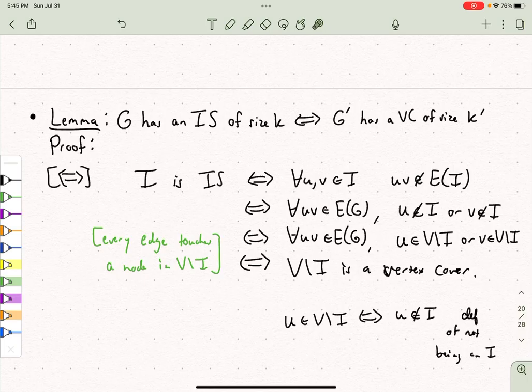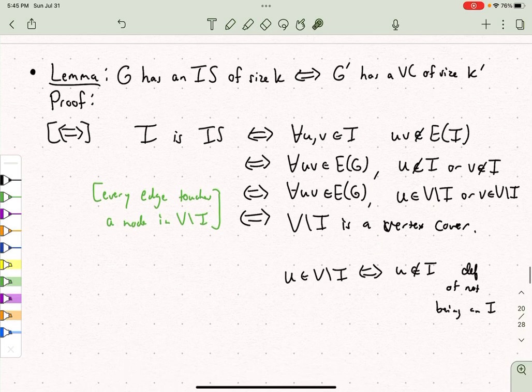And so the rest of it follows. So that single chain of if and only ifs proves the whole claim.